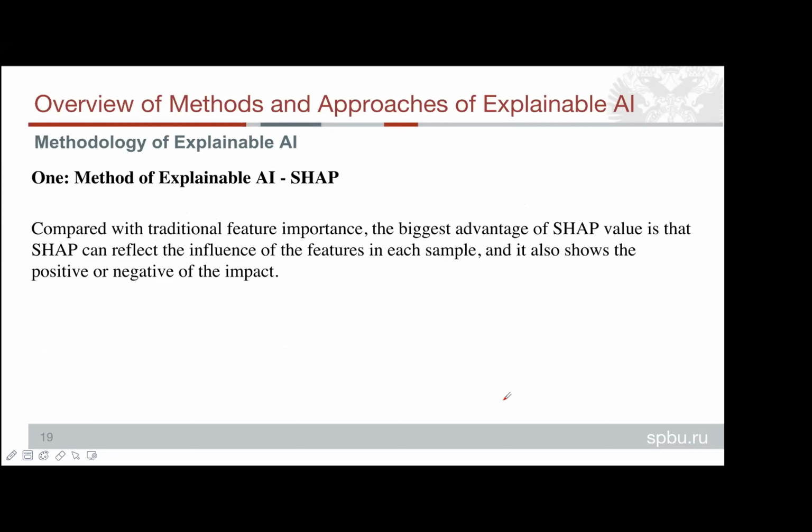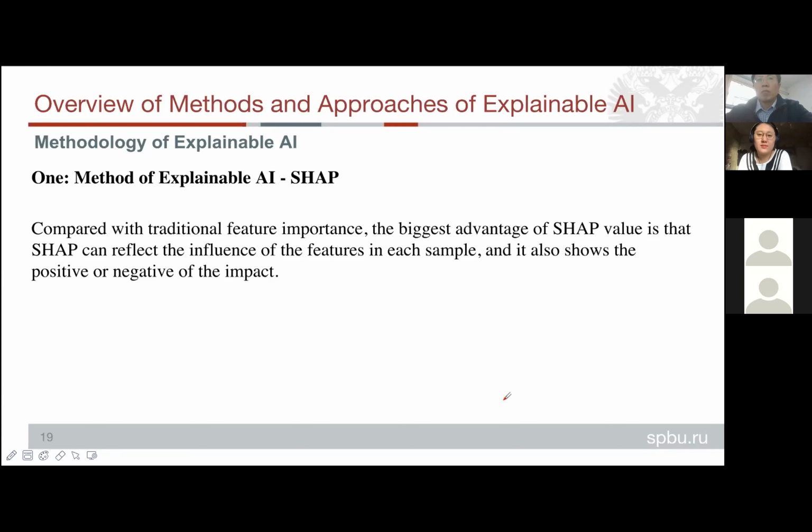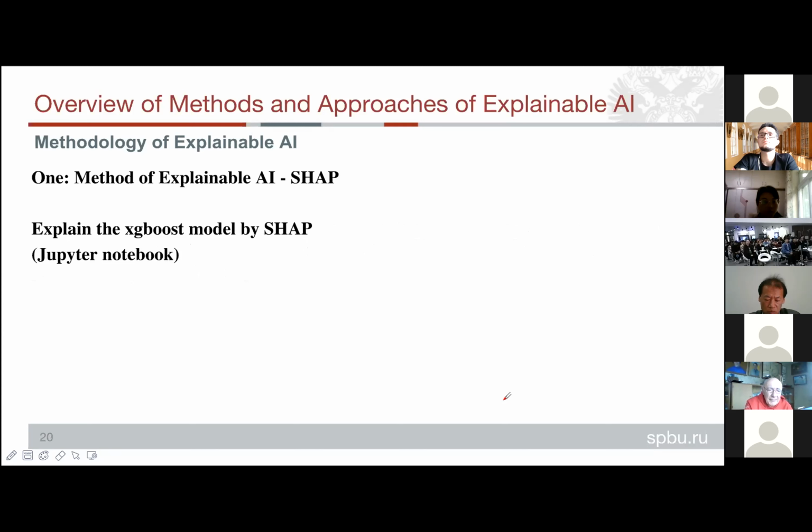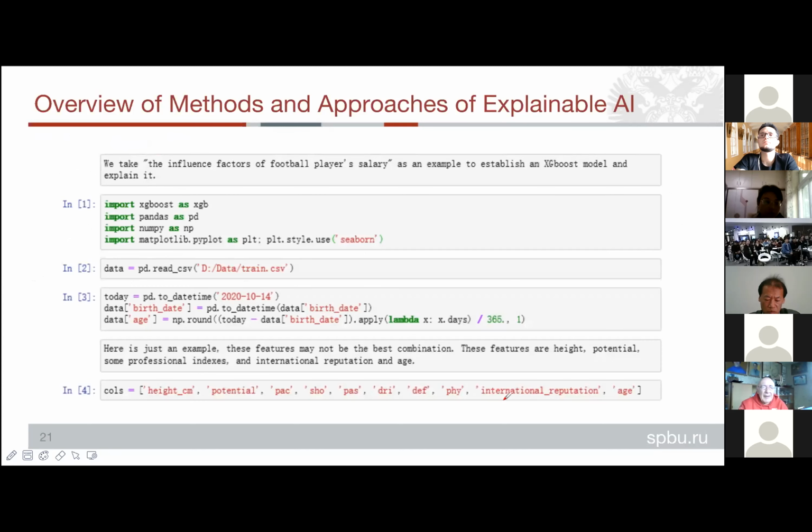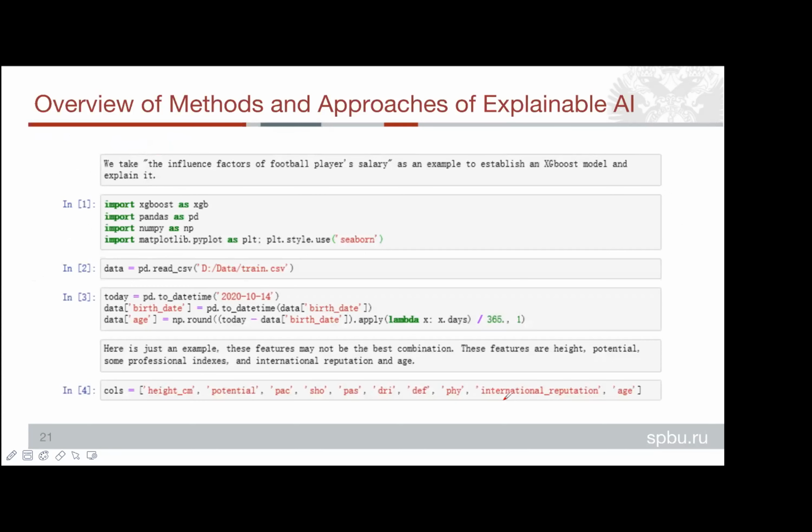Now, I want to show how to explain the XGBoost model by SHAP. In this case, we take the influence factors of football player salaries as an example to establish an XGBoost model and explain it. First, we extract some features from the data that may have an impact on salary.